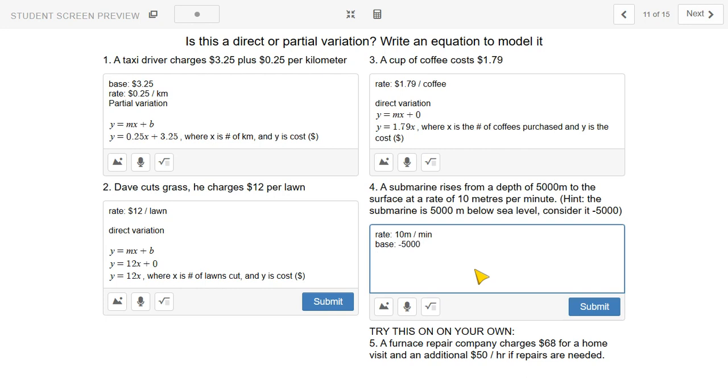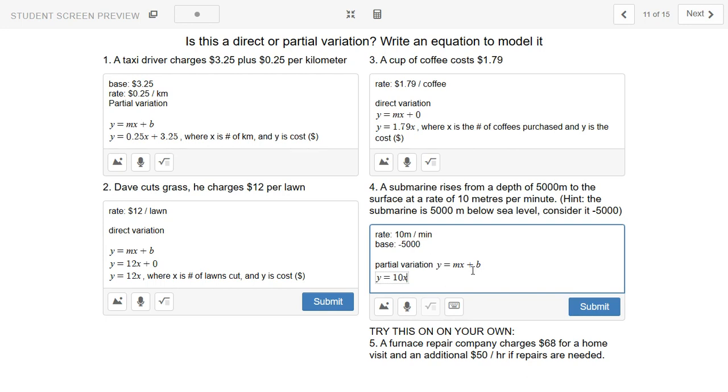Let's substitute this into our equation. We know that this is a partial variation, so we're going to use our whole equation, y is equal to mx plus b. y is equal to 10x plus negative 5,000.